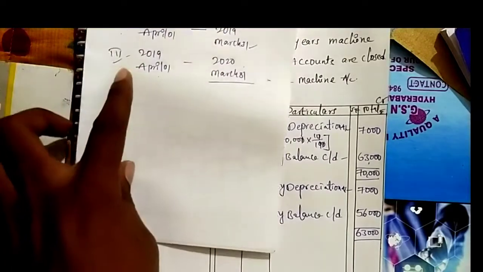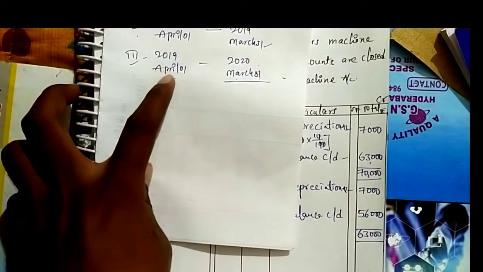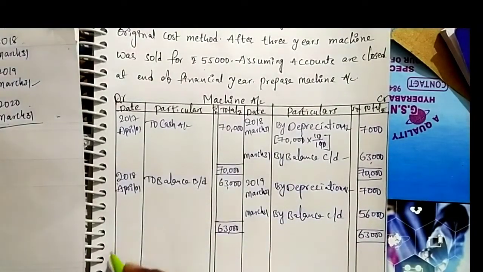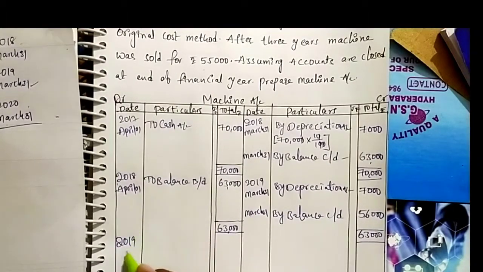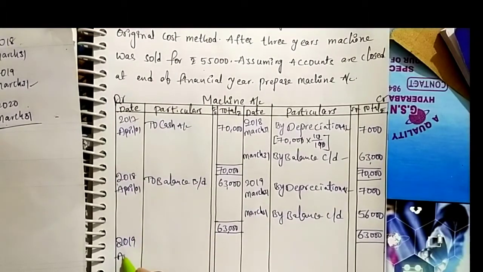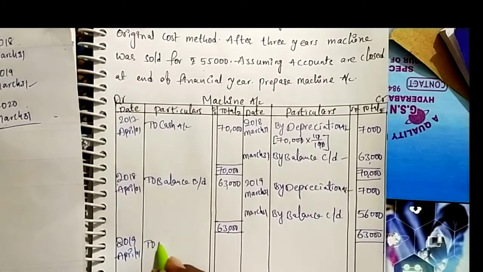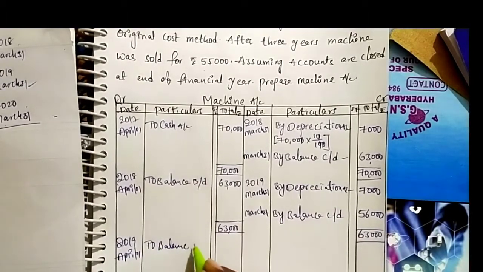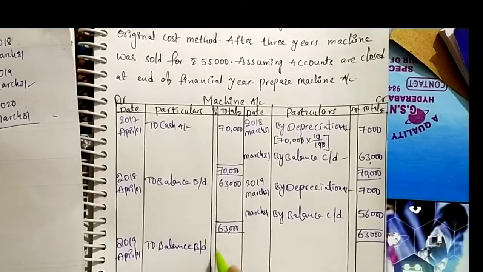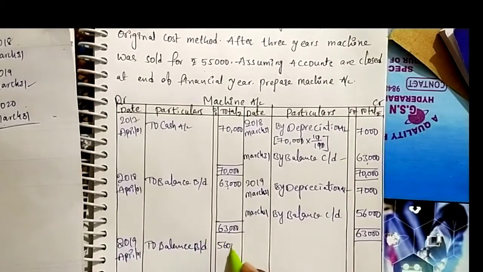What is the third financial year? 2019 April 1st, to balance brought down. How much? 56,000.